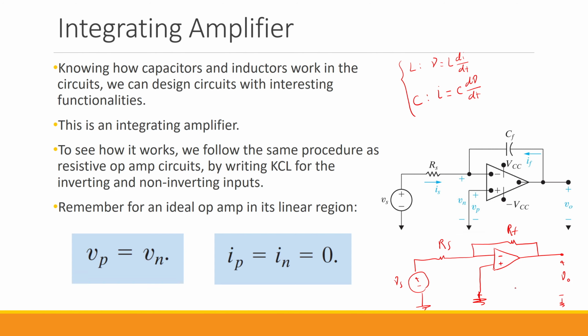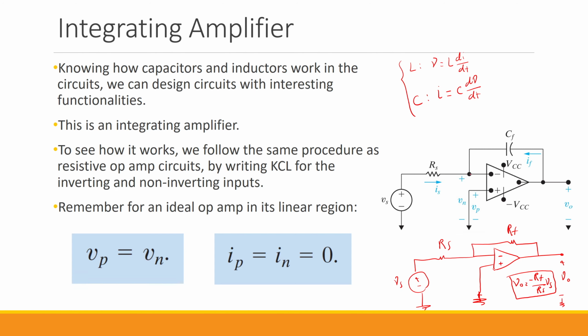So we know from the analysis that we had for op-amps, VO is negative RF over RS multiplied by VS. This was the general equation for the relationship between the output voltage and the input voltage of this inverting amplifier. But now instead of this resistor, we have a capacitor. The procedure for solving this circuit and finding the equation is still the same.